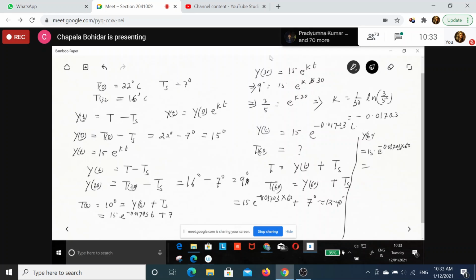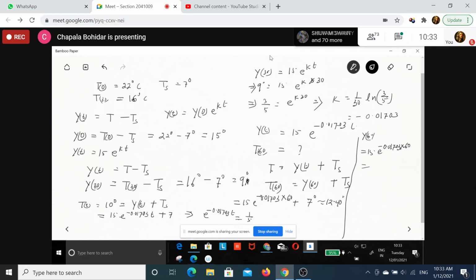If it is minus 7, then we get 3. So we get 1 by 5. So this implies e to the power minus 0.01703 t is equal to 10 minus 7, that is 3, 3 divided by 15, which is 1 by 5.